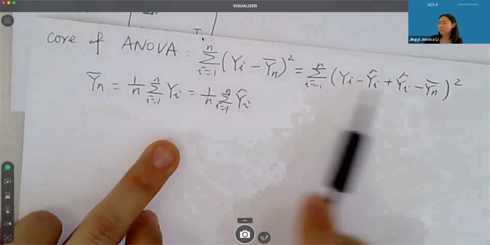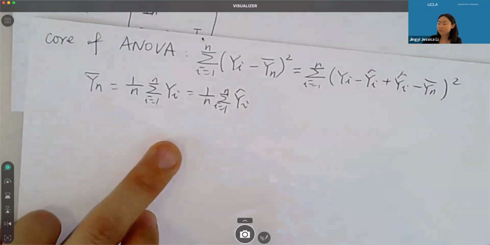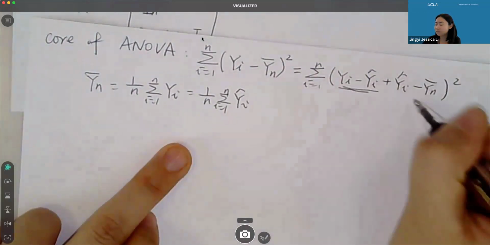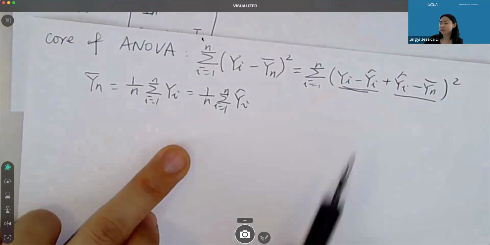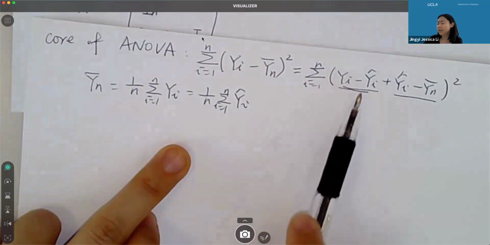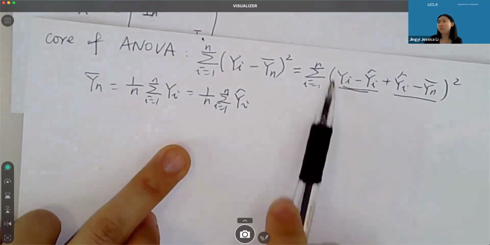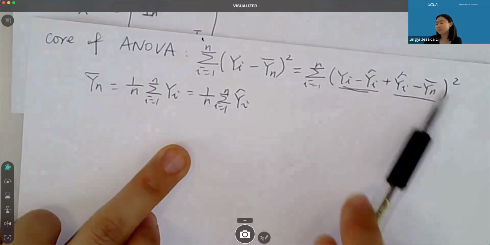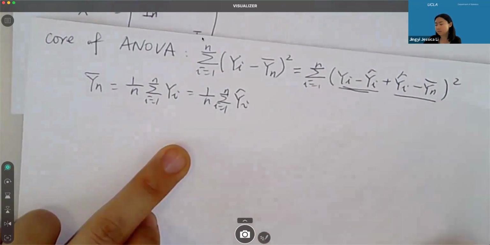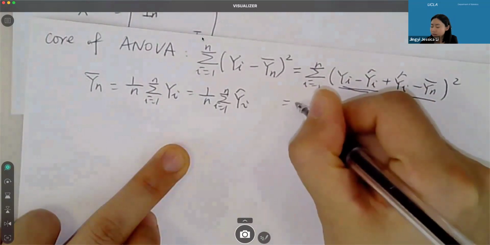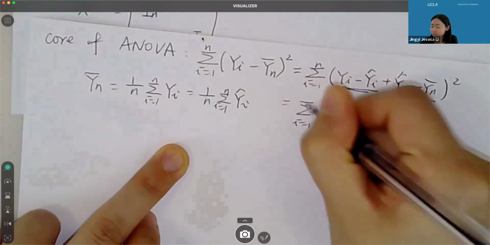And then we can open it up. We will take this as one term and this as another term, just like the square of a plus b. Then we know when we open it, it becomes a squared plus b squared plus 2 times ab, right? So we will have the same expansion here.